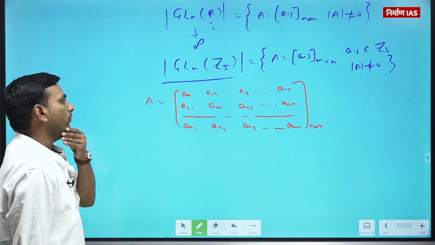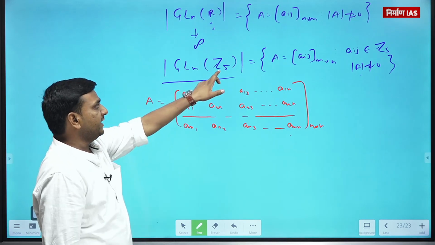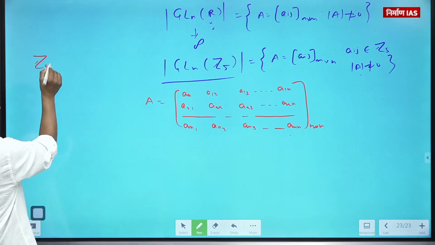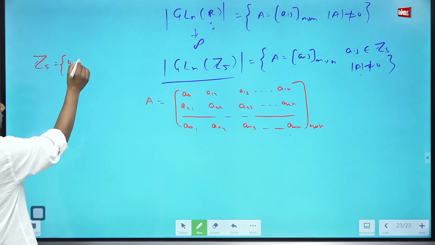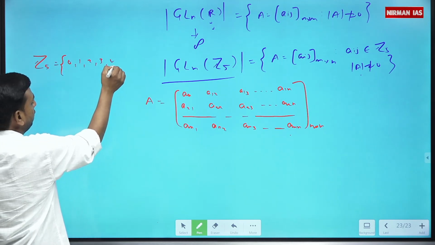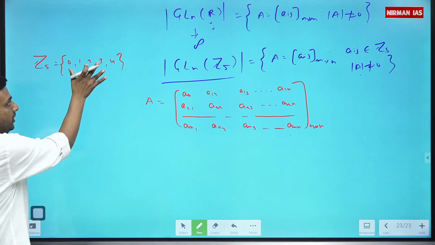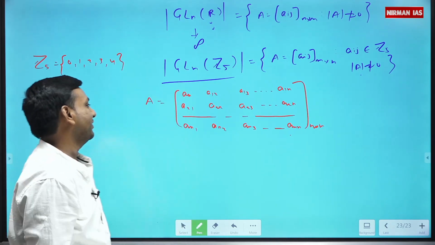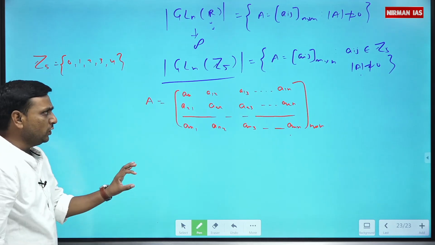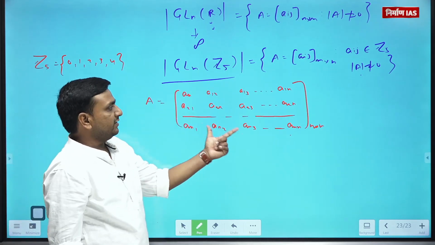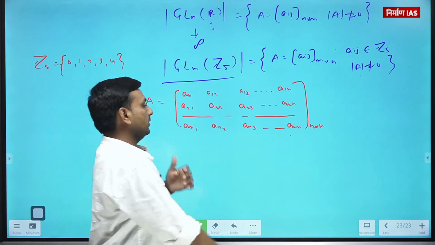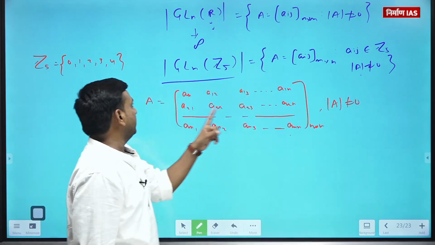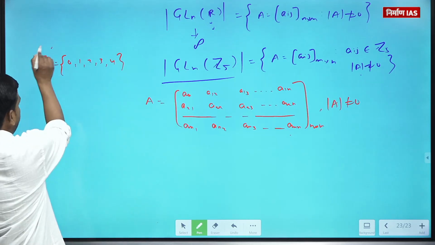Now I want to know, if my entries are coming from Z5, so Z5 is what? 0, 1, 2, 3, 4. These are not integers, these are classes. Remember? Now I want to know how many such matrices can be formed with determinant non-zero and entries coming from this set.